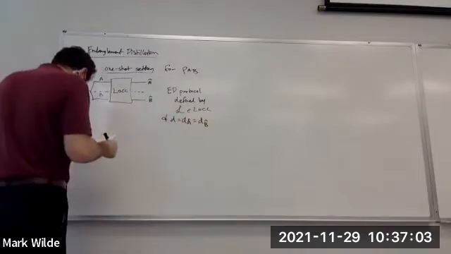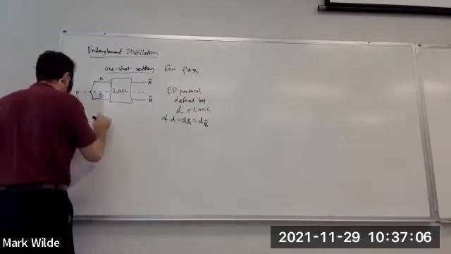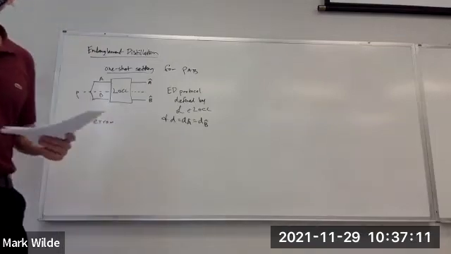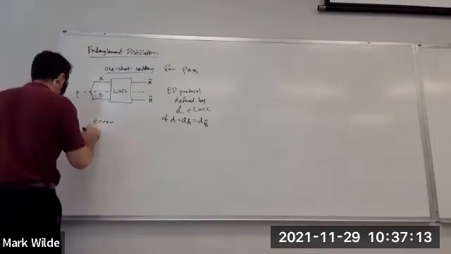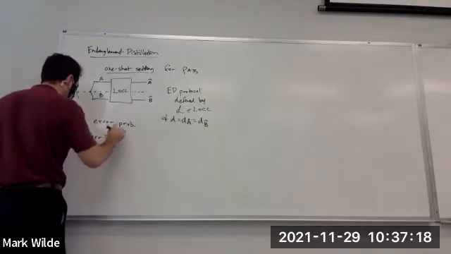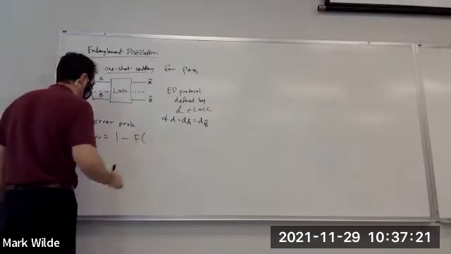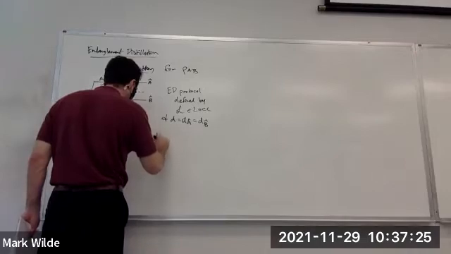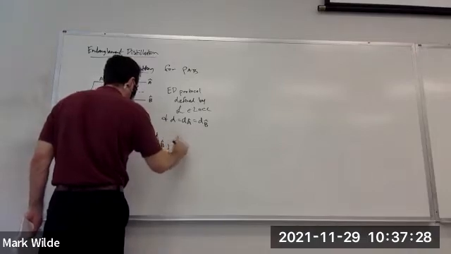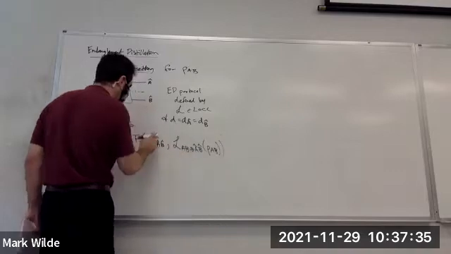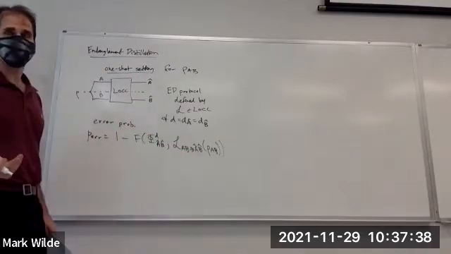The way we quantify error is just using fidelity. The error probability is 1 minus the fidelity of the actual state at the end with the maximally entangled state of dimension D. That's the target.